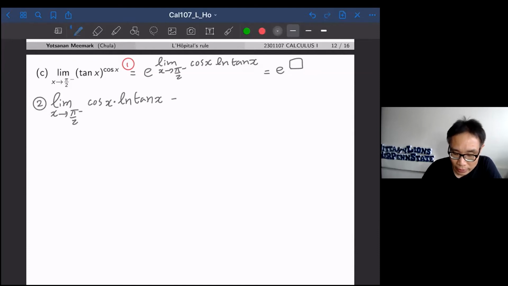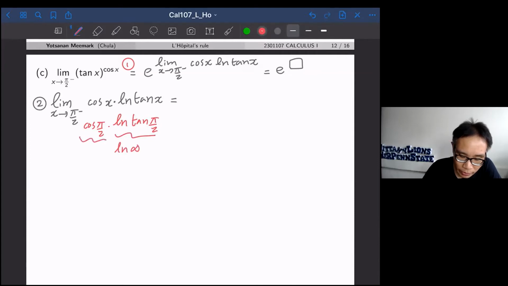And for this guy, you plug in, so it's gonna be cos pi over 2 times log tan pi over 2. This guy will be log infinity, and this guy turned out to be 0. So it's gonna turn out to be 0 times infinity. We have an indeterminate form.